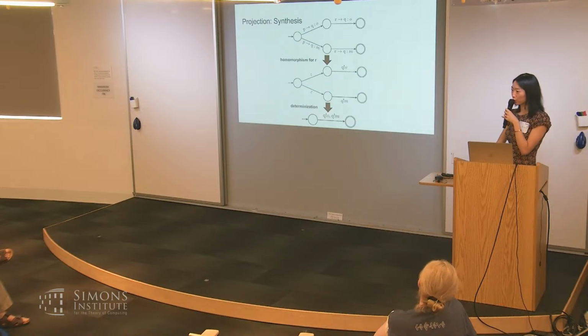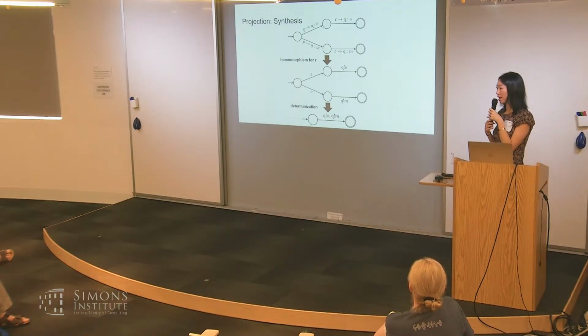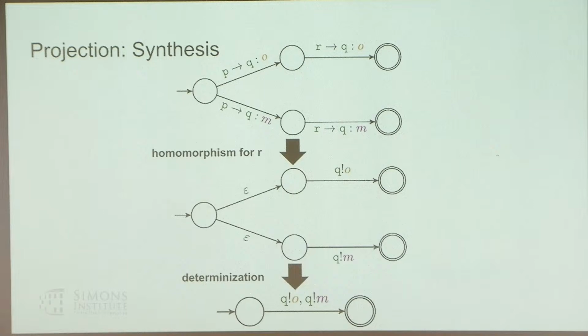So now we'll describe this sound incomplete projection operator and see why it fills this completeness gap. So the first thing that we did was to actually separate the synthesis and the checking of implementability into two separate questions. And the synthesis step, as was alluded to earlier, is actually very straightforward because the global language already specifies a local language for each of the roles.